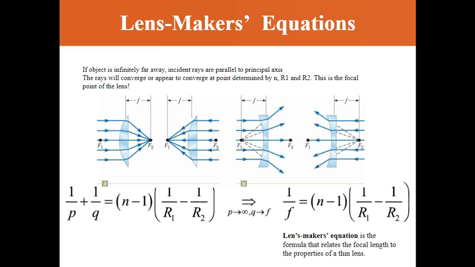Whichever way the light rays go, whether moving to the left or to the right across the lens, they will pass through or appear to pass through one focal point or another. Each lens has two focal points, each the same focal length away.